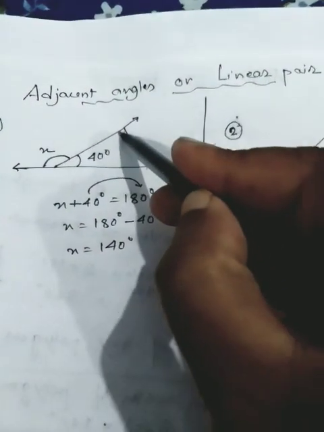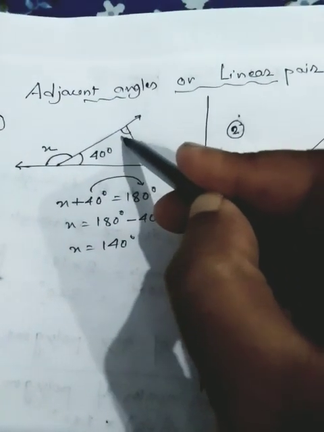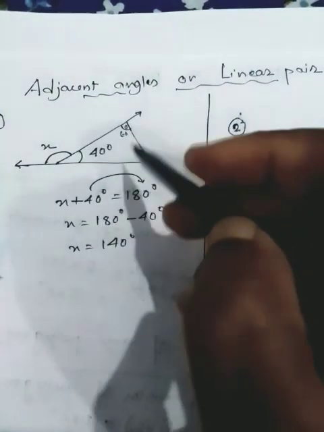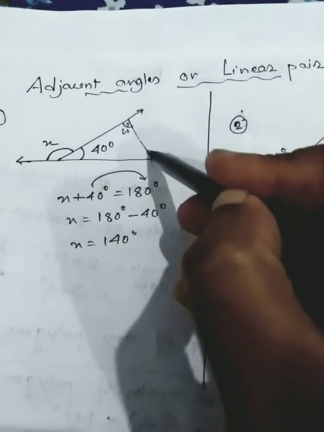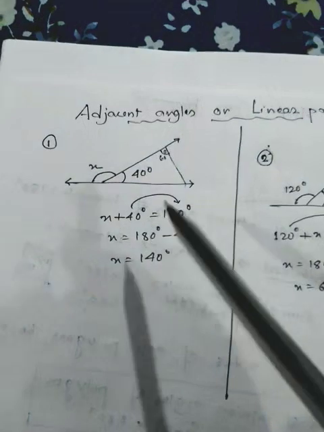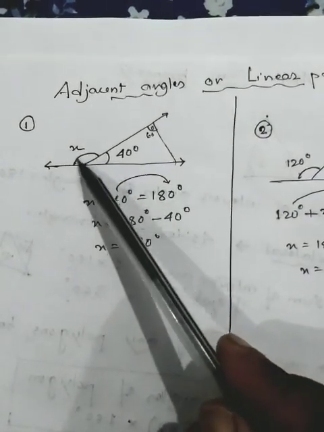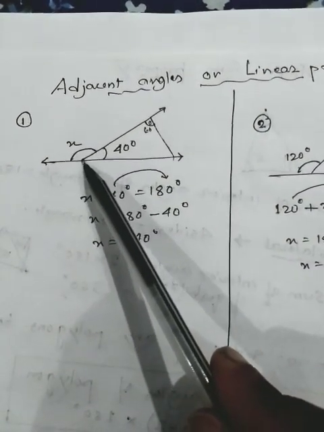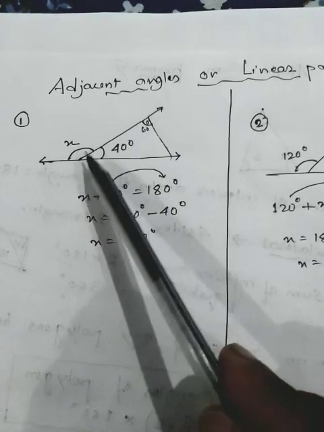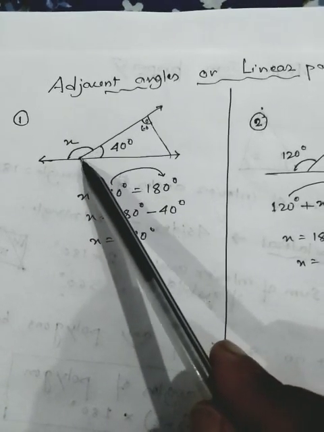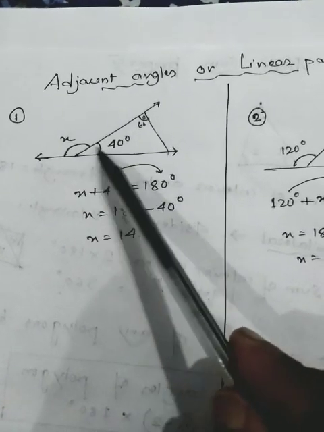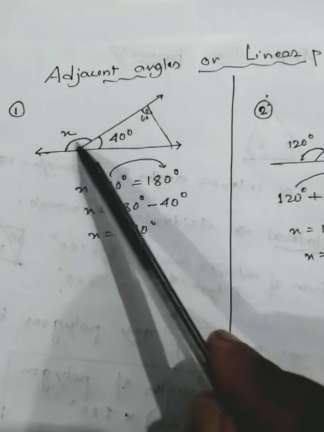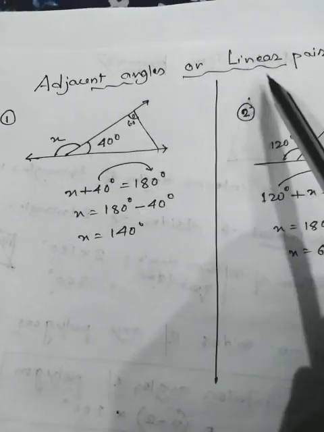Suppose it is given 60 degrees, and this angle is not given. Somehow you are asked to find this x. If you find two angles which are sharing the same point, these two angles are called adjacent angles or a linear pair.